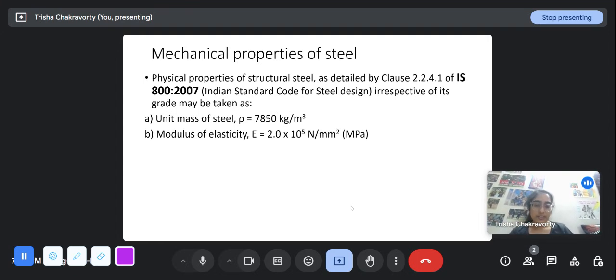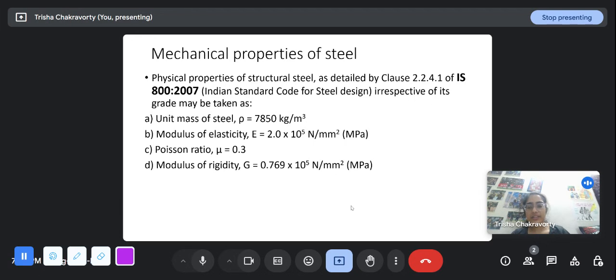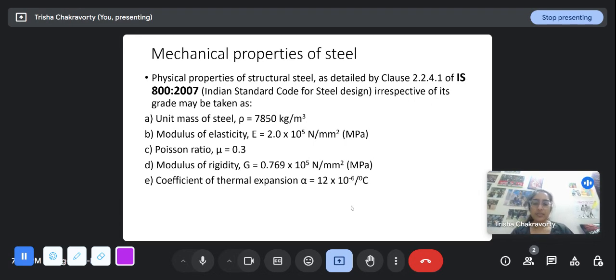The modulus of elasticity or the Young's modulus is 2 into 10 to the power 5 Newton per millimeter square, or 2 into 10 to the power 5 megapascal. The Poisson's ratio is 0.3. The modulus of rigidity is 0.769 into 10 to the power 5 Newton per millimeter square, again megapascal. And the coefficient of thermal expansion is 12 into 10 to the power minus 6 per degree centigrade.